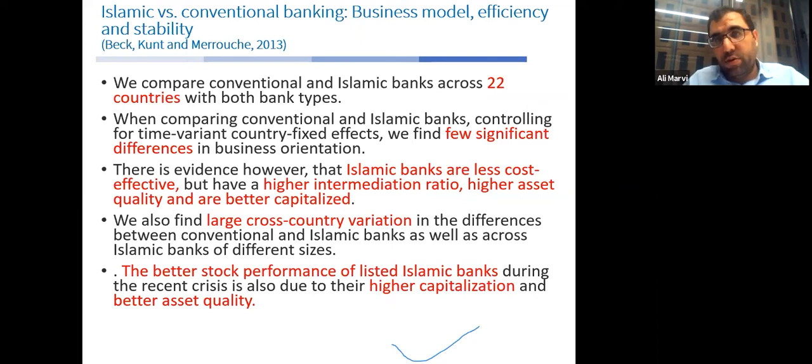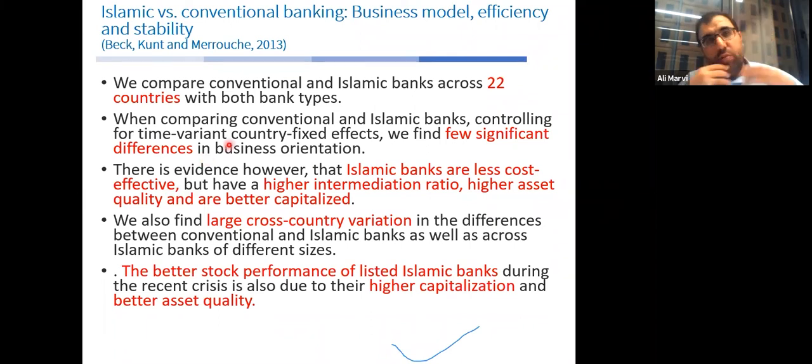They focused on 22 countries with both bank types, conventional and Islamic banks. They tried to control for both time variance and country fixed effects, and they compared conventional and Islamic banks, and they argued that there are few significant differences in business orientation between Islamic banks and conventional banks.